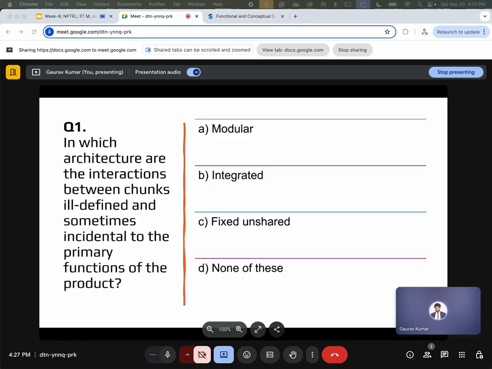However, the trade-off lies in the nature of interactions between chunks. Unlike a modular system with clear interfaces, integrated systems often show ill-defined or implicit interactions. These connections are not deliberately structured. Instead, they arise as byproducts of the tightly coupled design.